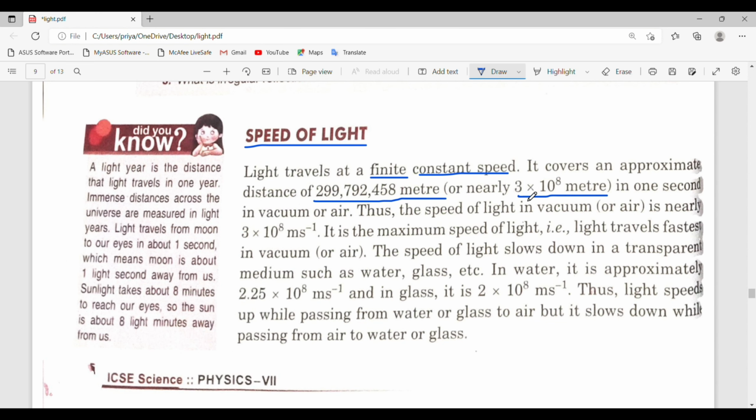Light travels up to 3 into 10 to the power 8 meters in 1 second in vacuum or air. ठीक है. The speed of light in vacuum or air is nearly about 3 into 10 to the power 8 meters per second or meter second inverse. ठीक है. This is the speed of light. It means it is the maximum speed of light.